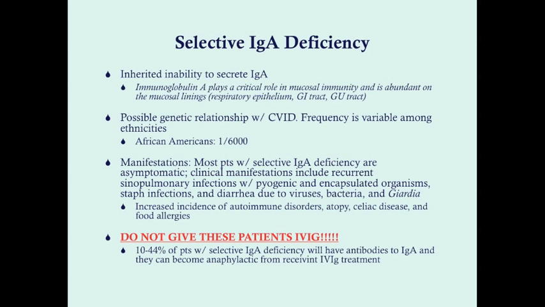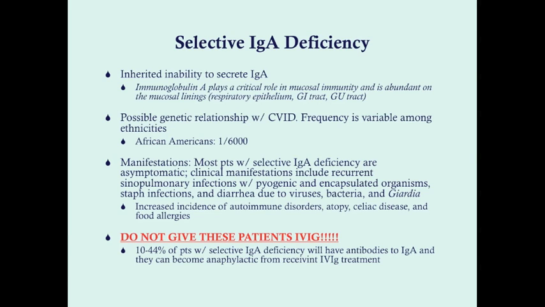All right, so selective IgA deficiency is an inherited inability to secrete IgA. We don't exactly know what the gene is, but we do know that there is a tendency for it to happen in families. In greater detail, it's a failure of terminal differentiation of B cells that secrete IgA.